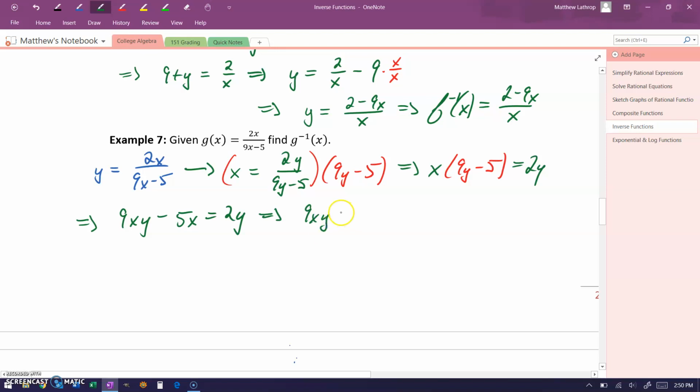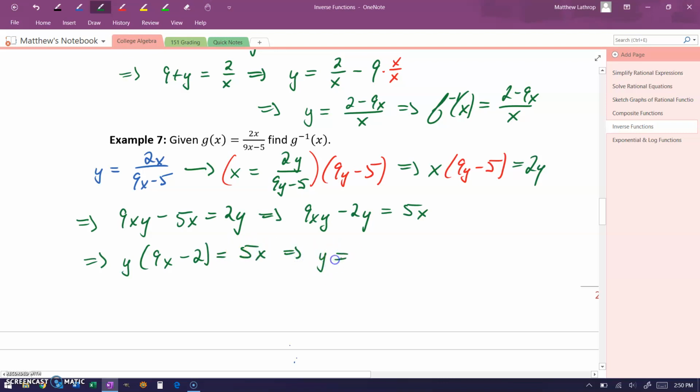That will give us 9xy, and then if we subtract 2y over to the other side, and then we'll add 5x to the right-hand side in order to get all of our non-y terms over to the right-hand side. From there, looking at our two terms on the left-hand side, we can factor out that y that's common, which will leave us with y times the quantity 9x minus 2 is equal to 5x.